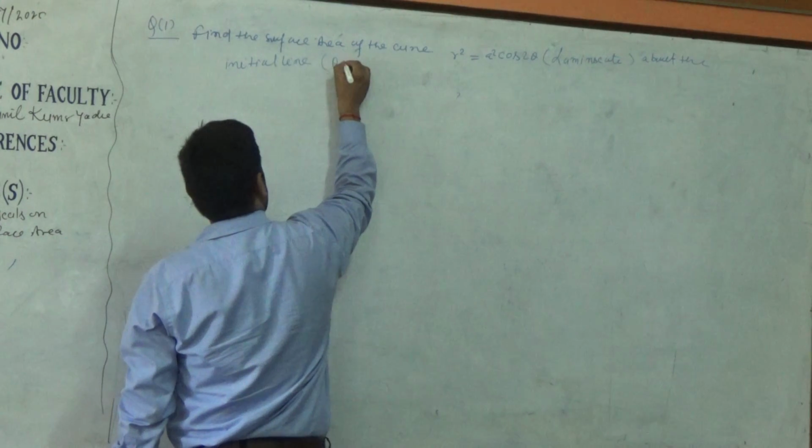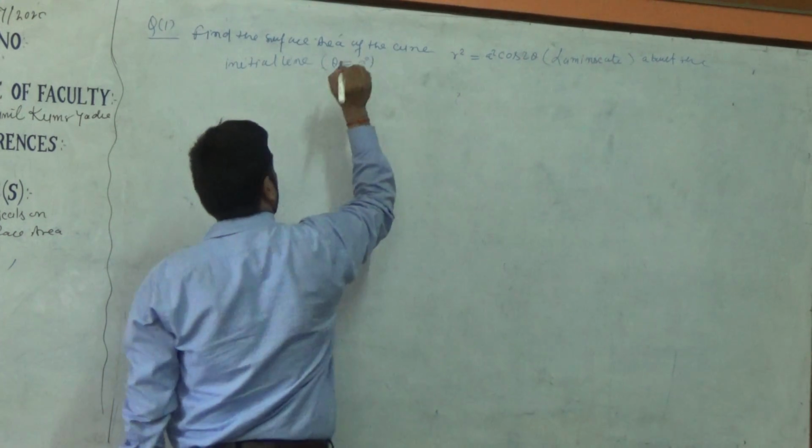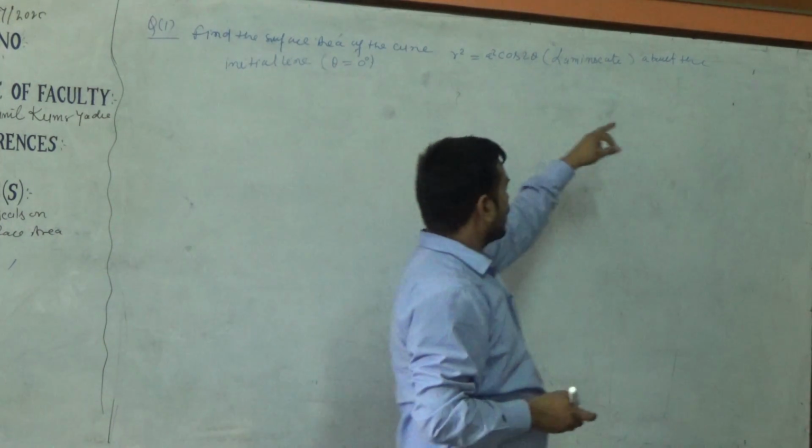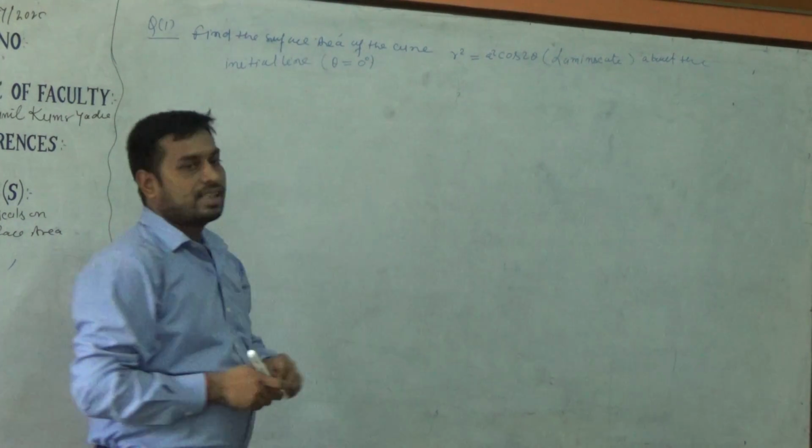It means theta equal to 0 degree. Find the surface area of the curve about the initial line.